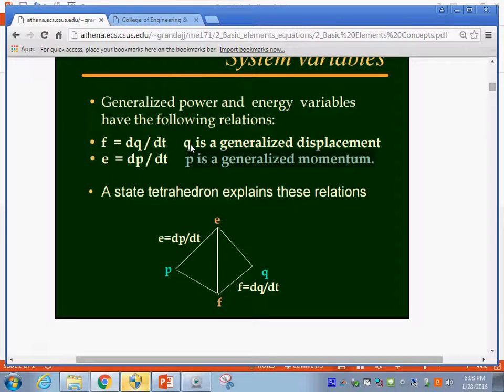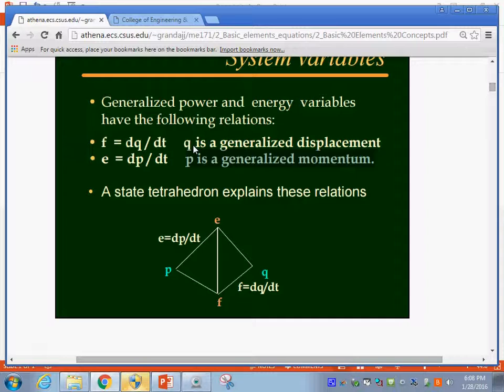If you differentiate the position, you get the velocity, right? So F, which stands for velocity, is dq/dt. And E, which stands for force, is the rate of change of momentum, which is dp/dt.